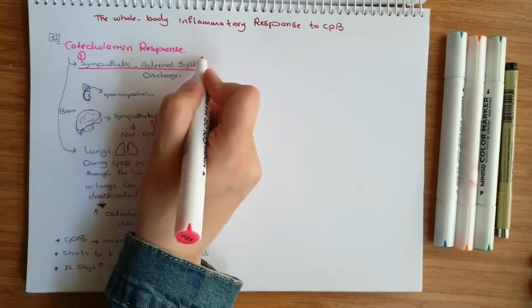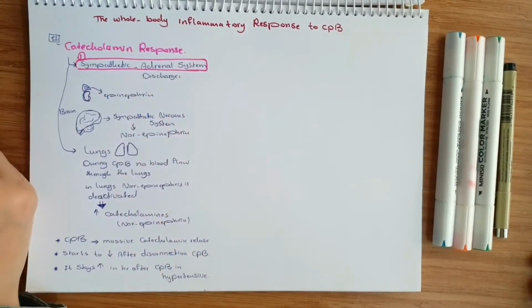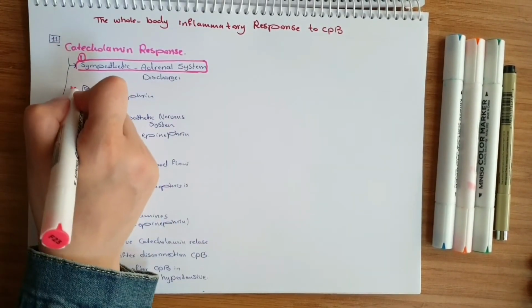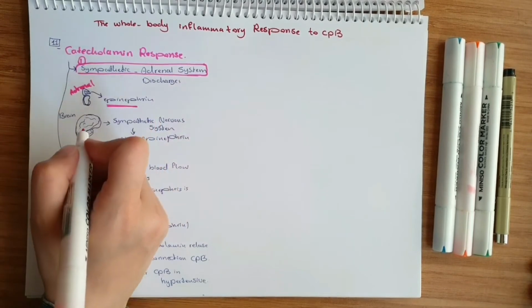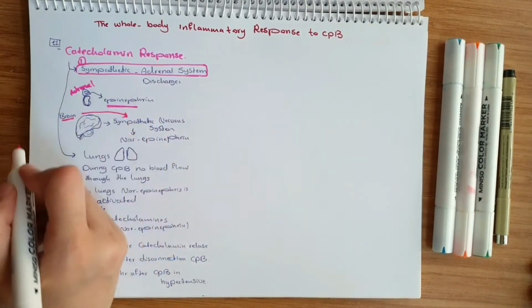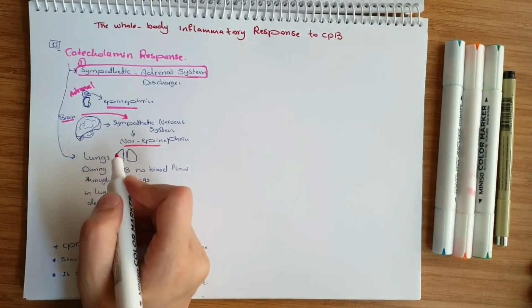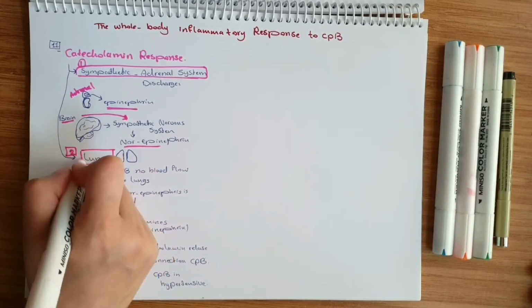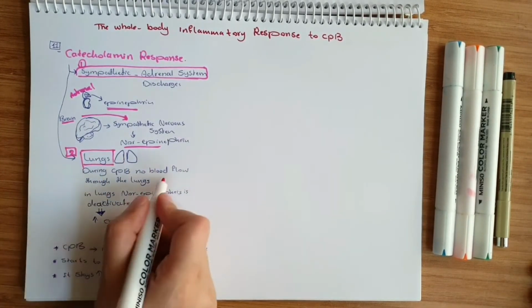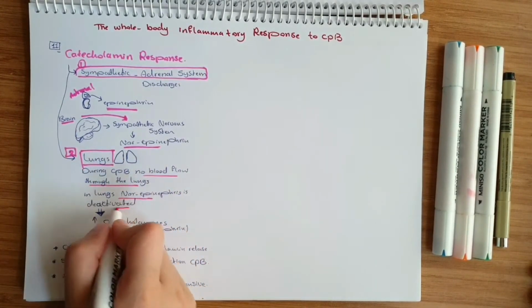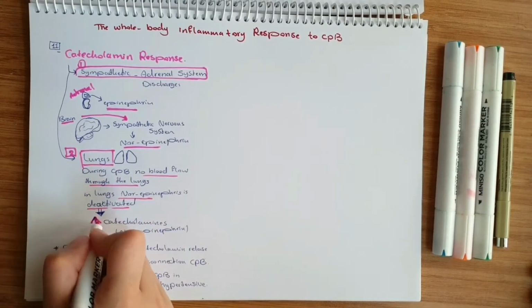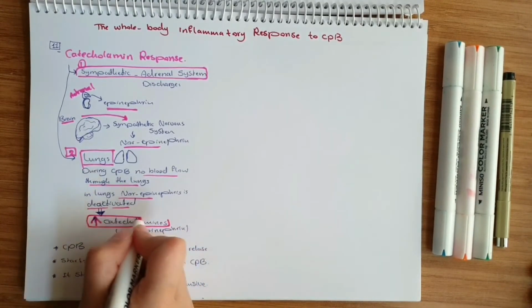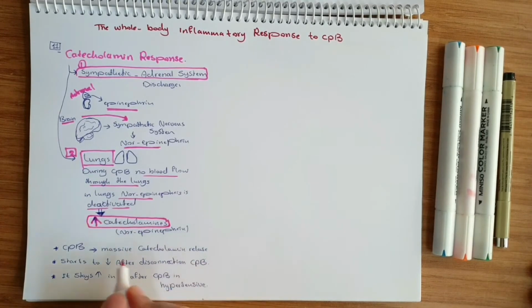Catecholamine response. We have sympathetic adrenal system discharge. From the adrenal medulla, it will secrete epinephrine, and from the brain through the sympathetic nervous system, norepinephrine will be secreted. Then through the lungs. During cardiopulmonary bypass machine, no blood flows through the lungs, so the lung will not deactivate the norepinephrine, so the level of norepinephrine in the blood will be high.